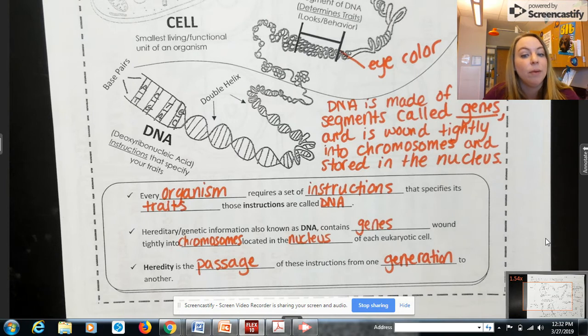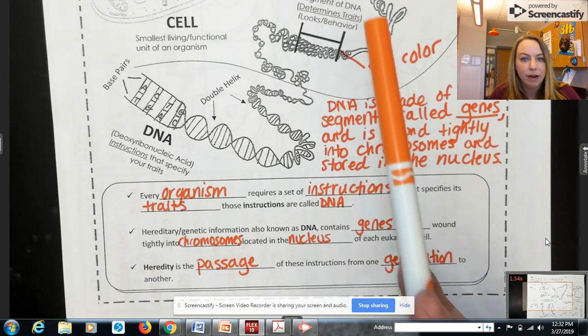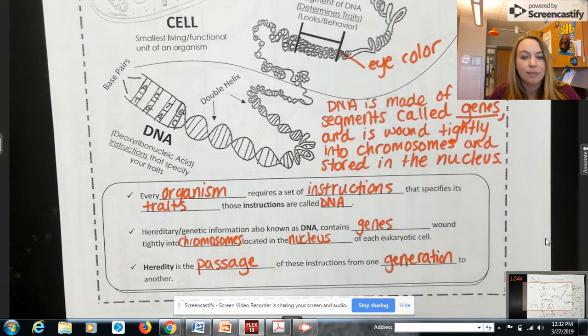They code for all the proteins inside the cell, and that stuff that holds all those instructions is called DNA. So hereditary and genetic information, also known as DNA, contains small segments, these guys up here, called genes. And all those genes are wound tightly into chromosomes, and then they're located inside the nucleus of each eukaryotic cell.